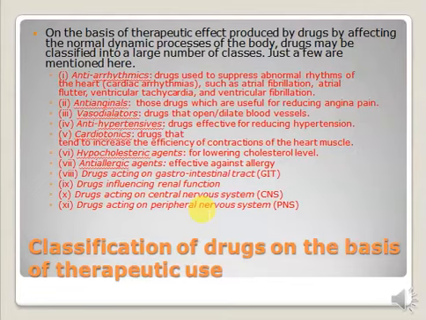So any part of the nervous system other than the brain and the spinal cord is called the peripheral nervous system, right? For example, if someone gets paralyzed, then it is the peripheral nervous system that has to be checked, right? So then we will be using drugs that act on the peripheral nervous system. You should know the difference between the central nervous system and the peripheral nervous system.